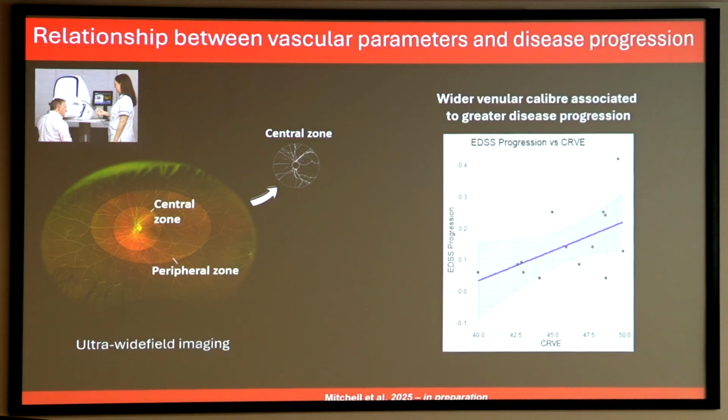Then if we go back just for a second to the central retina, when we looked at the retinal vascular parameters in relationship to disease progression measured in EDSS, we find that there was reduced vessel caliber associated with MS, but wider vessel caliber is associated with greater disease progression, which is interesting.